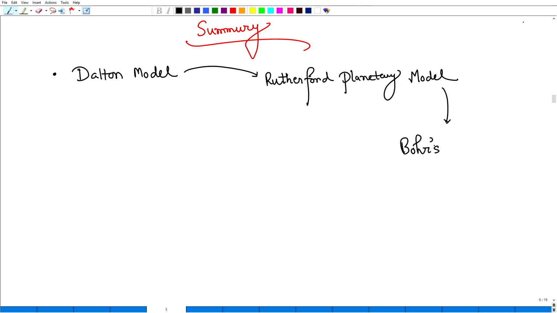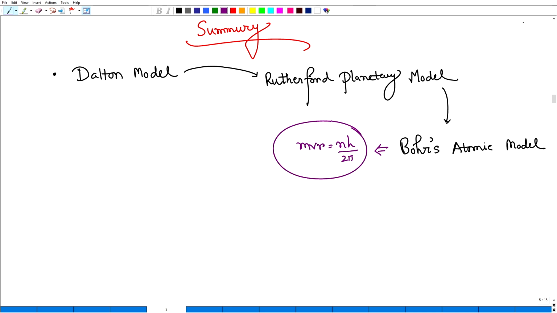So Bohr gave the Bohr atomic model, which is very important, and behind this model there is an ad hoc postulate, that mvr equals nh by 2 pi. The electron should follow this, and only then can that electron be stable in that orbit. Those orbits are allowed, other orbits are not allowed. This was considered by Bohr, and after that we solved other things, right?